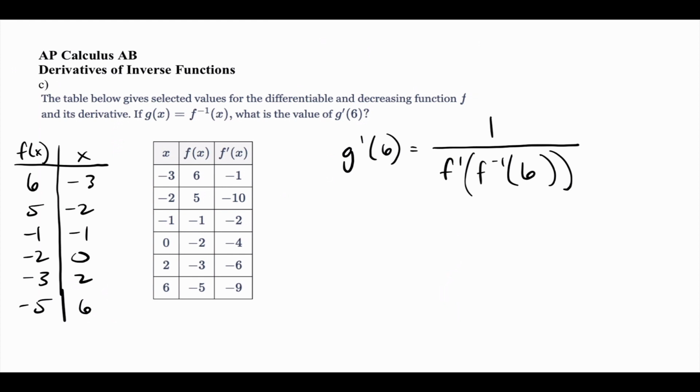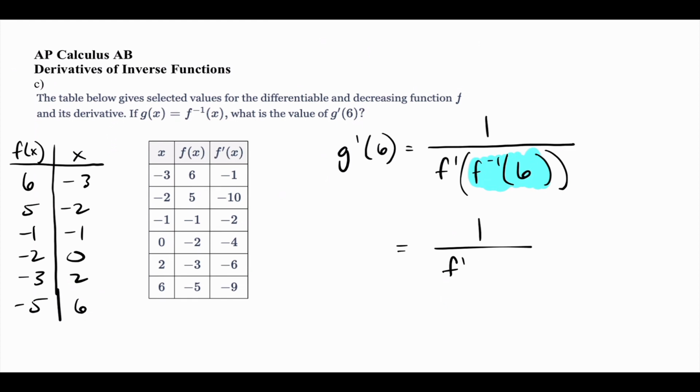In math, we always start on the inside of the parentheses. So that's right here, the blue one. On its inverse, when I plug in 6, what do I get for y? So go to the inverse table.